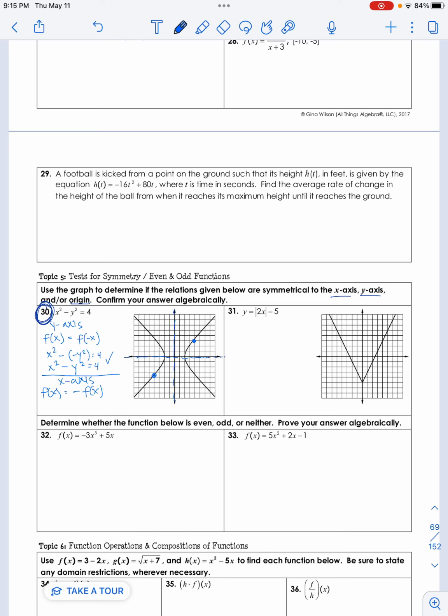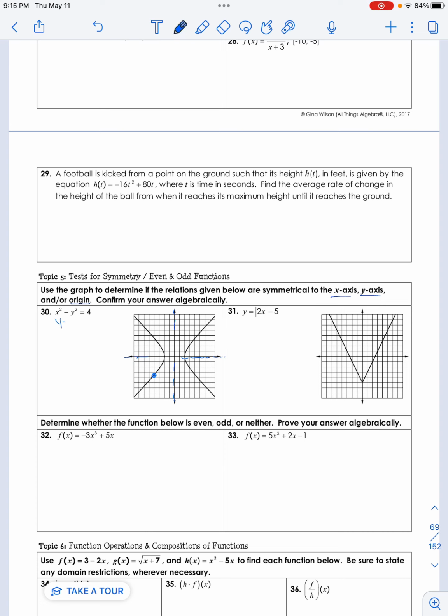Nope, that's not right. I did this backwards, I'm sorry. I'm going to redo this one. Let's start all over here with 30. I did the algebra and the explanation backwards.